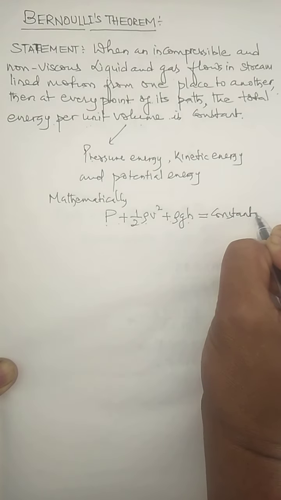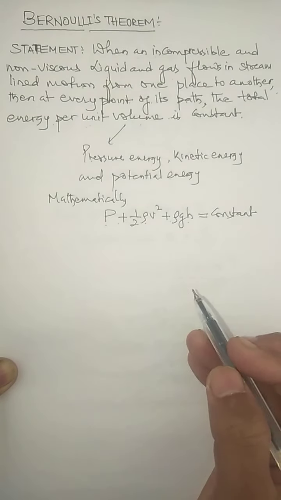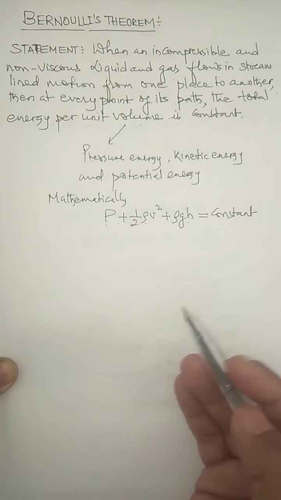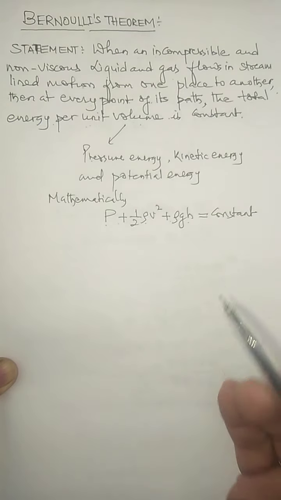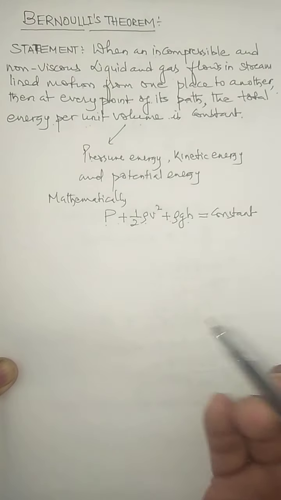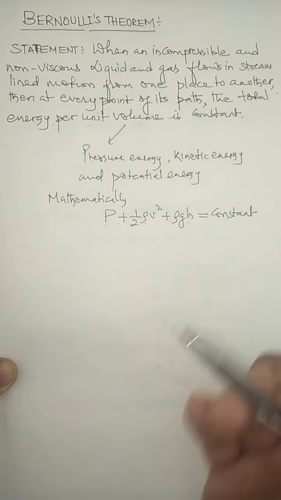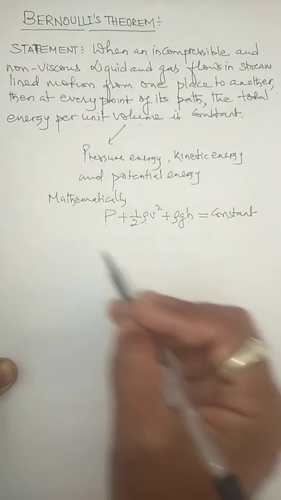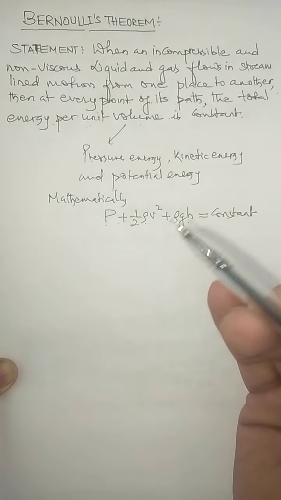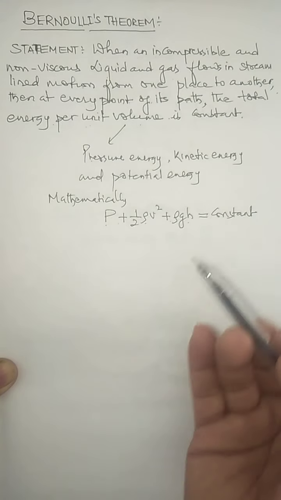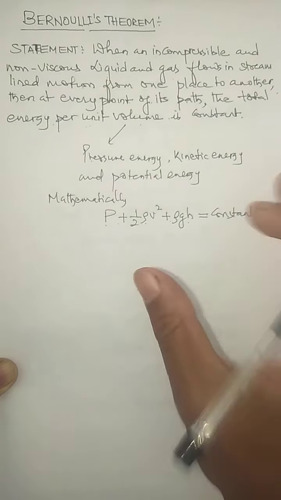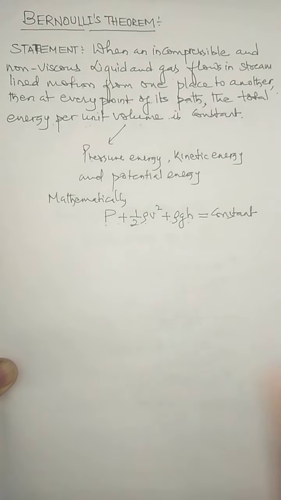Constant means it remains conserved. This is the mathematical statement of Bernoulli's theorem. That's why, children, I already said that the main objective of Bernoulli's theorem is to show the principle of conservation of energy. That means the energy is also conserved when there is a flow of liquid or gas. These three energies remain constant when an incompressible and non-viscous liquid or gas flows in streamlined motion.